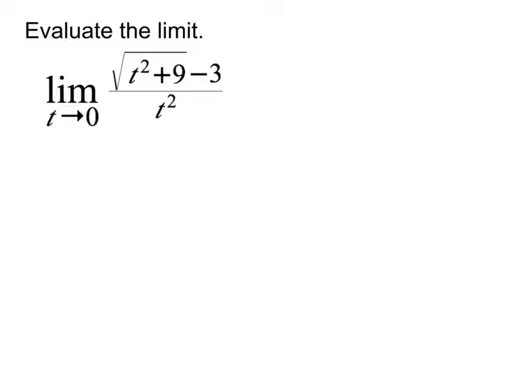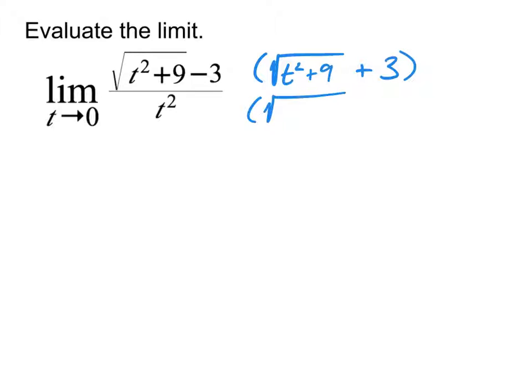So in this case, I'm going to multiply the top by the conjugate. And so I'm going to be multiplying the top in this case by the square root of t squared plus 9. Notice that stays a plus 9 in there. This is not the conjugate piece. The conjugate piece comes between the square root and the 3. That's the addition or subtraction that we're flipping.